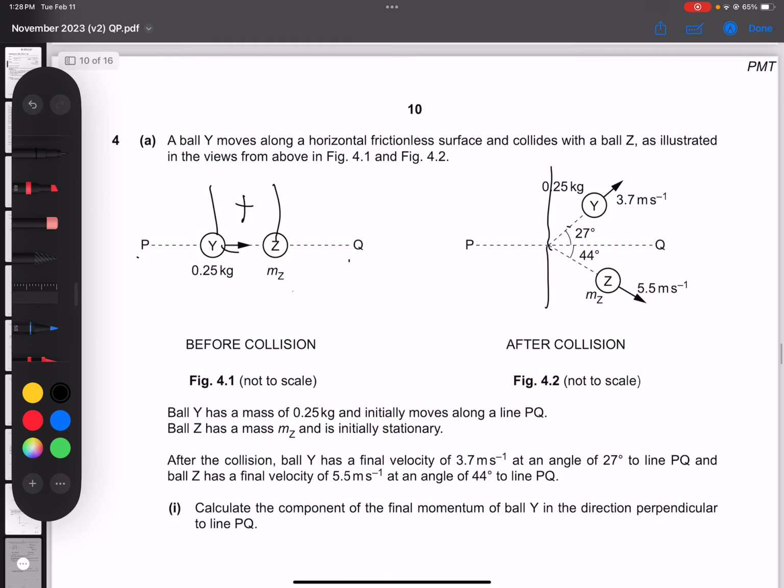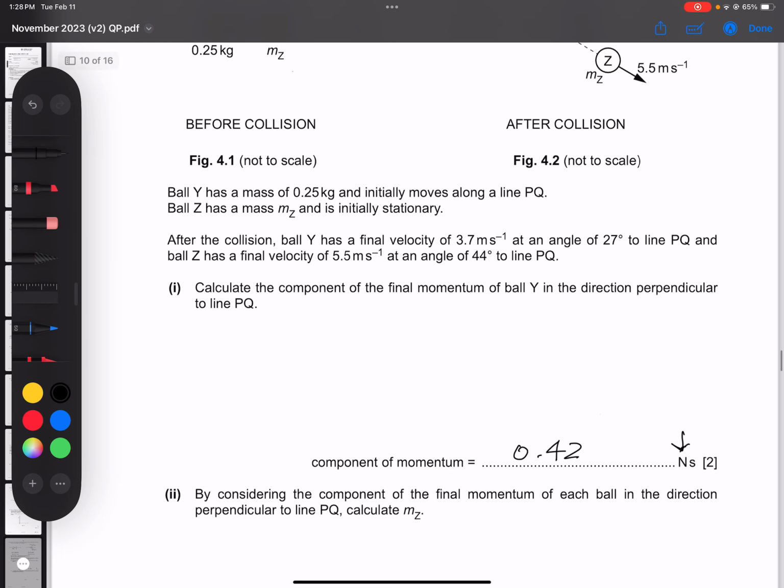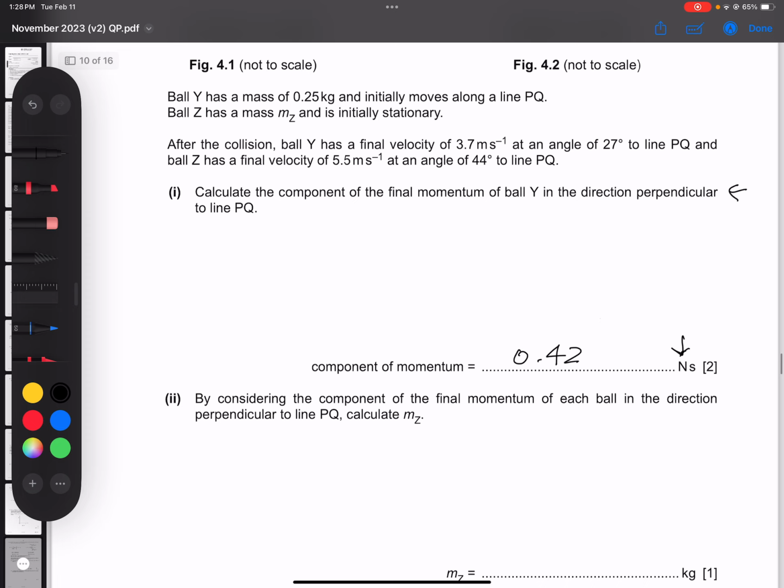The sum of horizontal momentums before will equal this horizontal component, cos 27 into 3.7, and this horizontal component, cos 44 into 5.5. So there are so many ways of solving this, okay? But the way we're going to do it is by considering the vertical component, because that's what they've asked us to find. They're kind of helping us in a way.